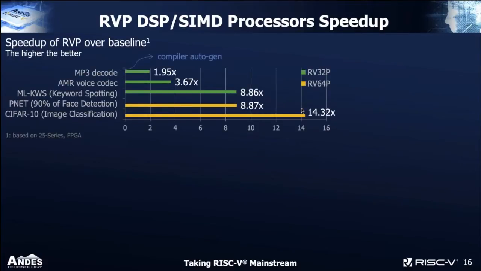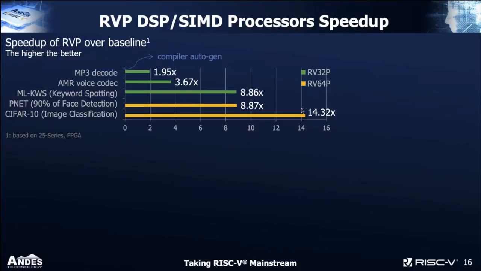Some of the audio processing speedups: our DSP SIMD-enabled processors have acceleration from about 2 to 4x on audio and music, MP3 decode, keyword spotting, and face detection algorithms. We could have about 8 to 9 times the performance.